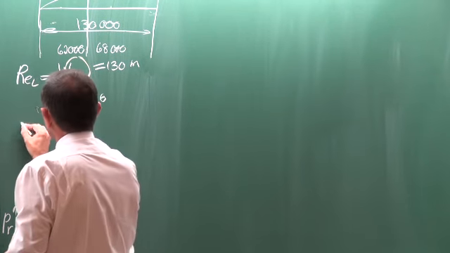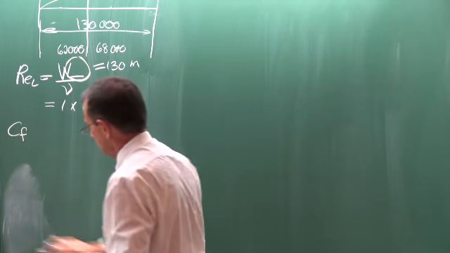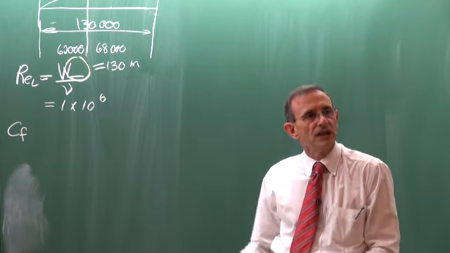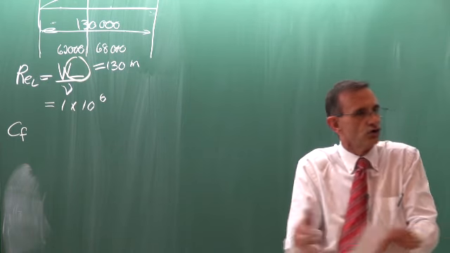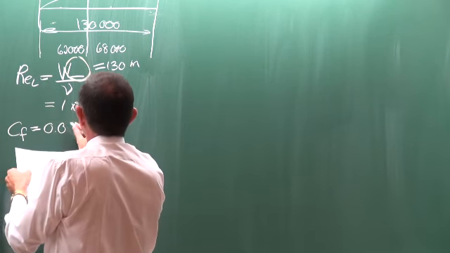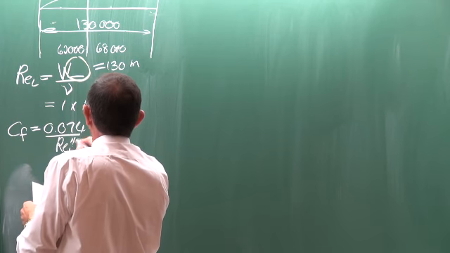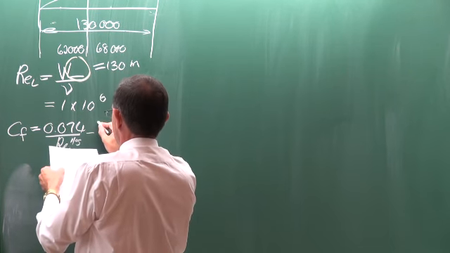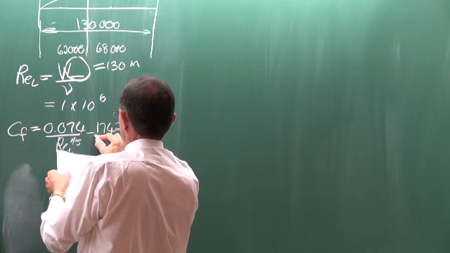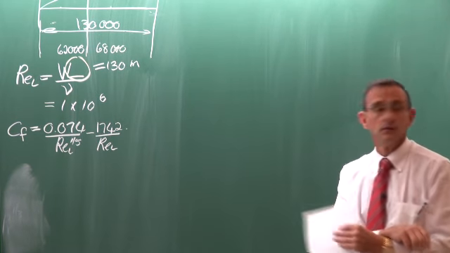Now, if we want to calculate the friction coefficient, in this case it's very clear we have to take into consideration the laminar part also. So it consists of 0.074 divided by Reynolds to the one-fifth, minus 1742 divided by Reynolds based on the length.